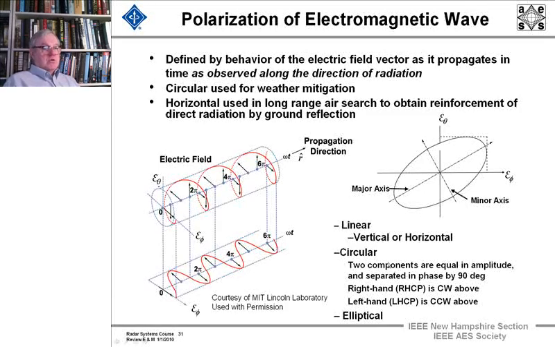And when the magnitudes of the components that make up the combined electric field vector are not equal in amplitude, you get an elliptical pattern. When you have just one sine wave transmitting, it usually is transmitted either in the vertical or the horizontal direction, and horizontal polarization is used in long-range air search radars to obtain reinforcement of radiation by ground reflection.